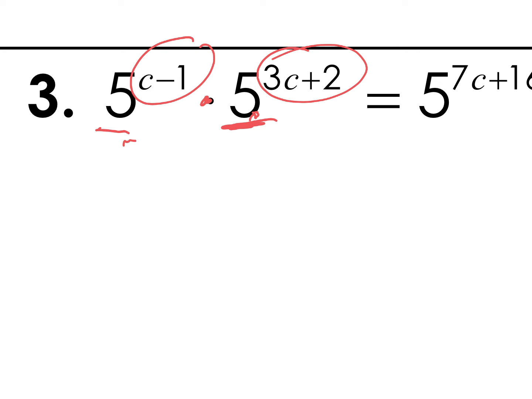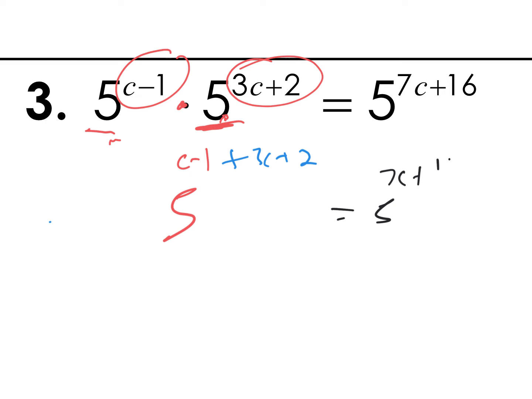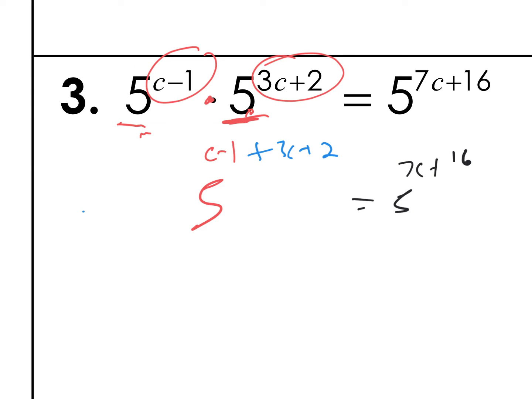You keep the base, and we take the c minus 1, and I add it to 3c plus 2. Equal to the right side, 5 to the 7c plus 1. Oh, that's a plus 16. I didn't see it because I had it zoomed in or something.